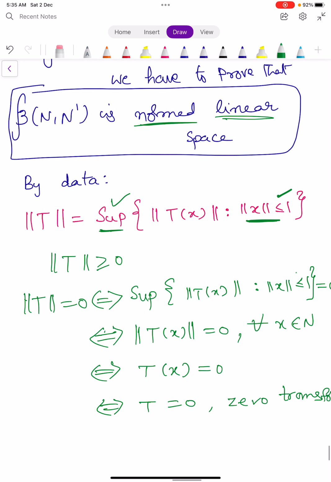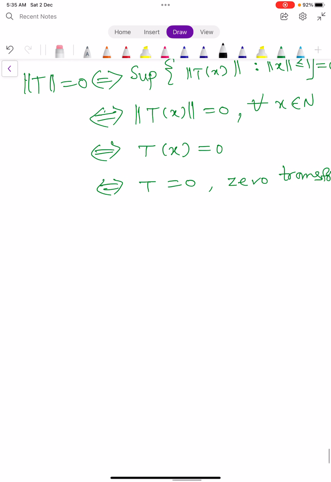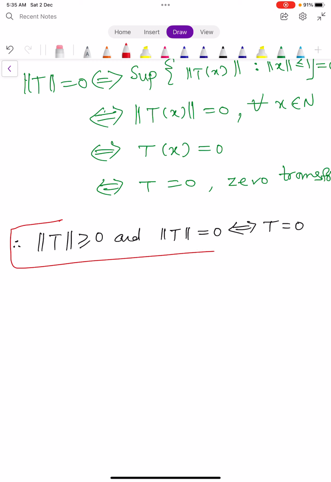Therefore, from this calculation, we conclude that norm T is greater than or equal to 0 and norm T is equal to 0 if and only if T is equal to 0. This is the first property of a normed linear space.